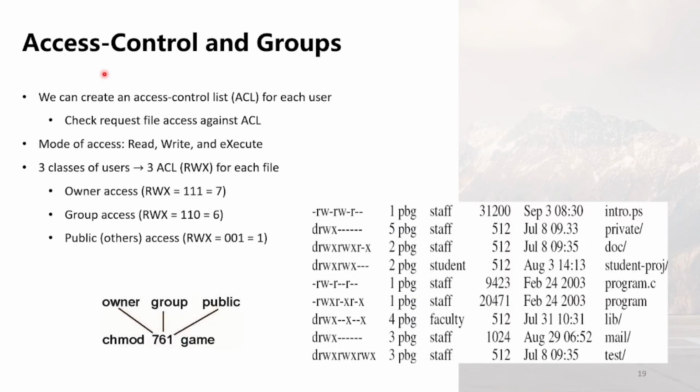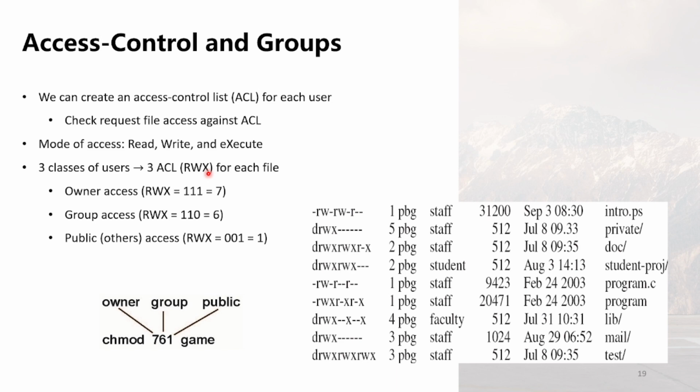Here, we are going to focus on access control and groups within the file system of an operating system. When we talk about access control, we are referring to the method we use to control who can and cannot access certain files in a multi-user system.